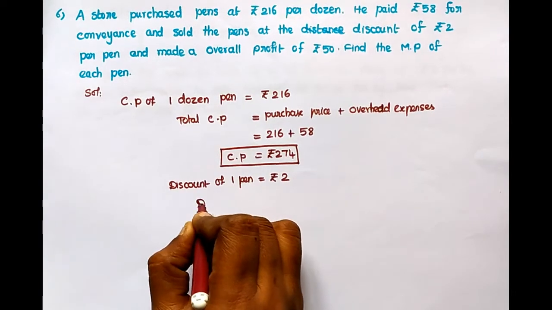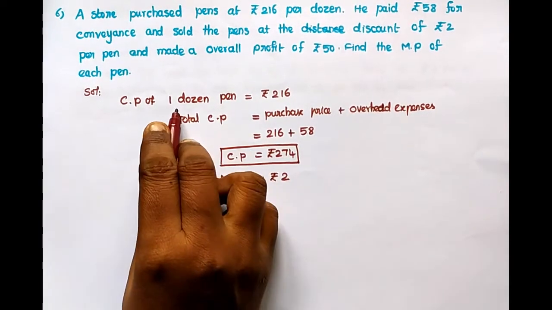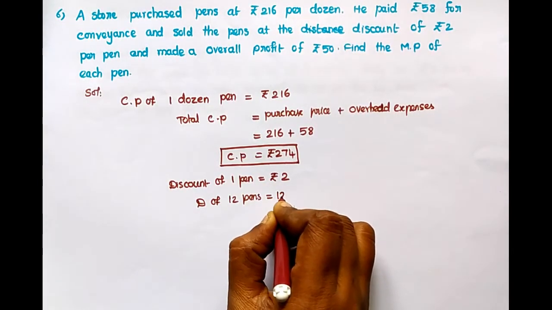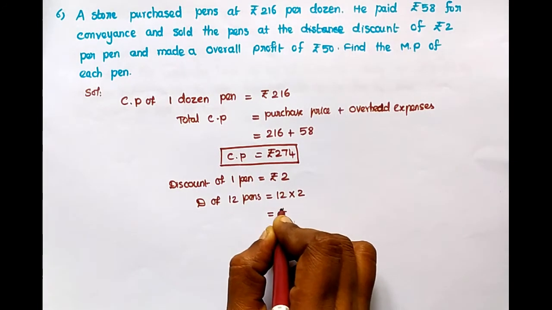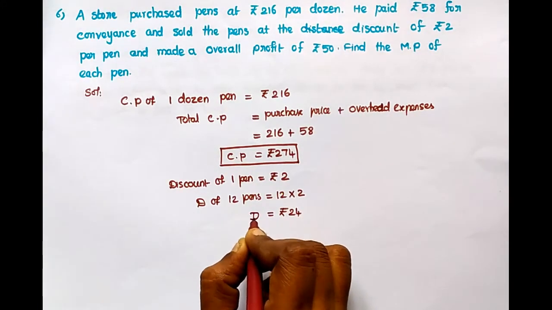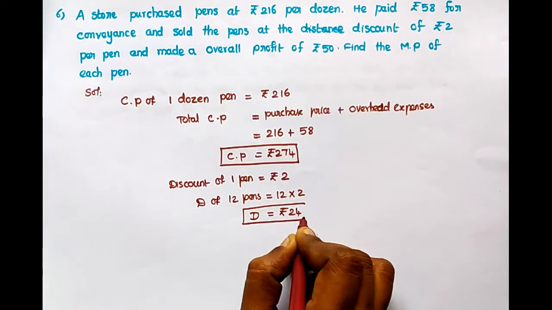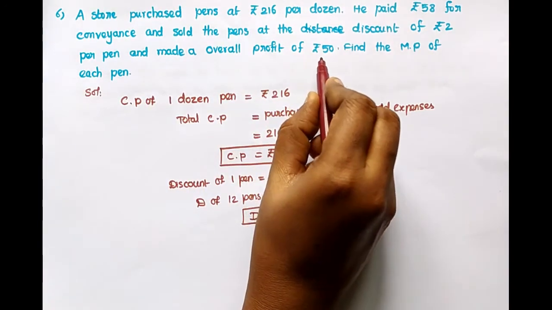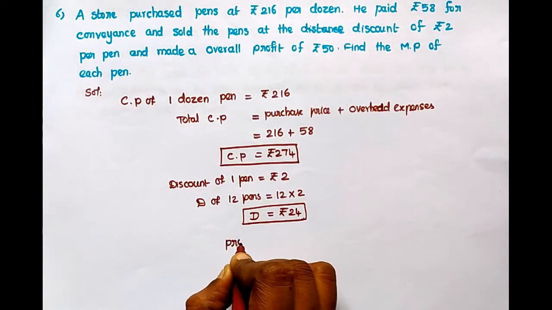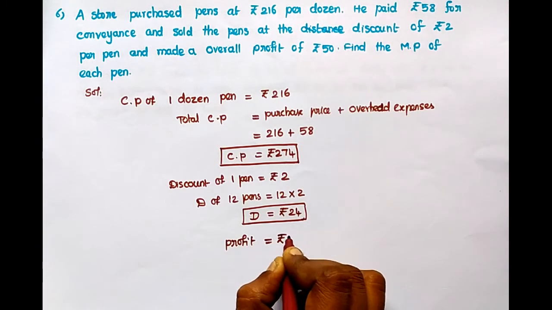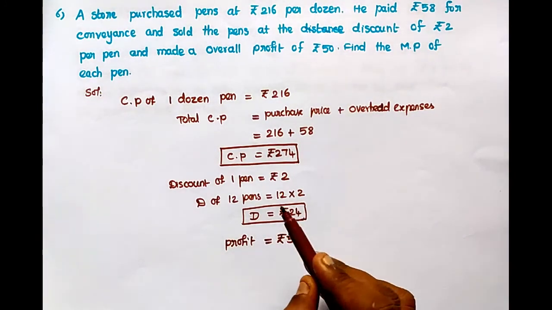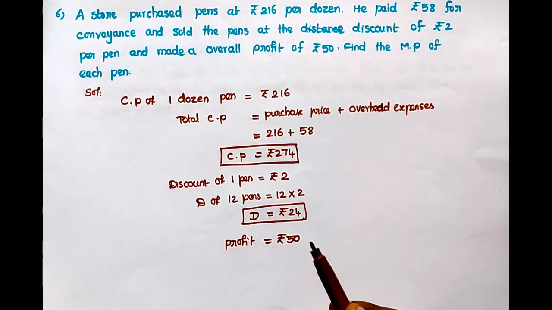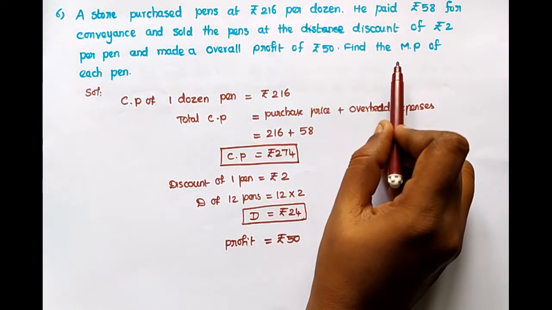So discount of 12 pens, because 1 dozen, that is 12 pens, equal to 12 into 2, that is equal to rupees 24. That is discount. And then overall profit they gave, that is rupees 50. Listen, cost price, discount, profit. We want to find out mark price here.